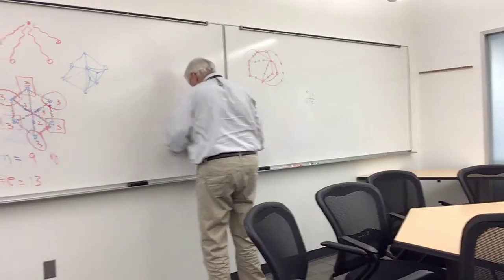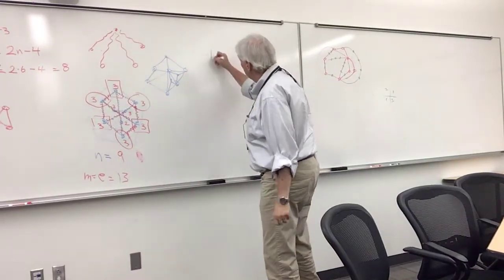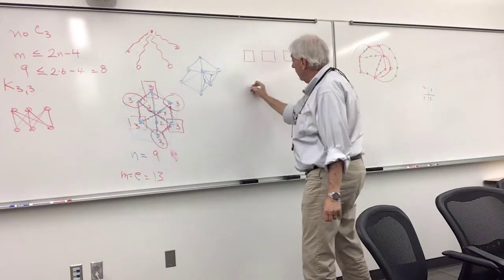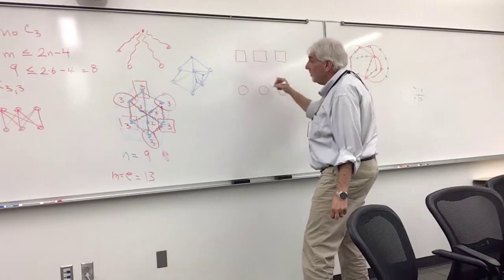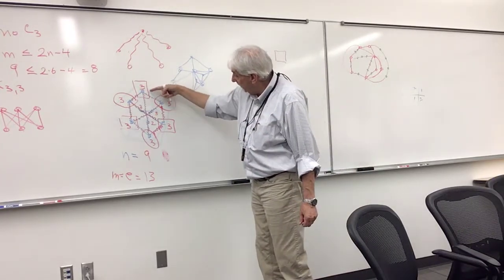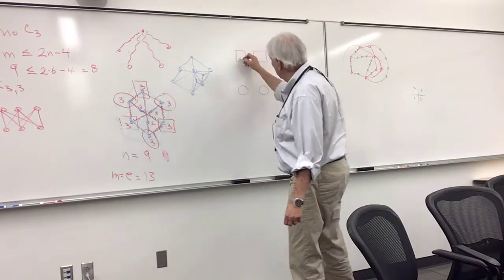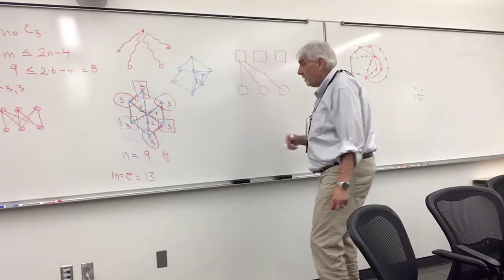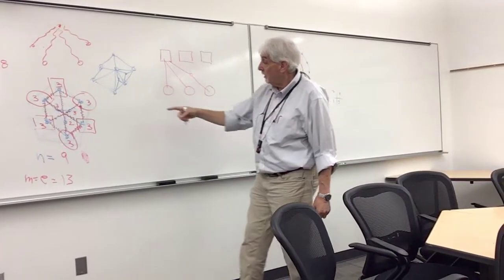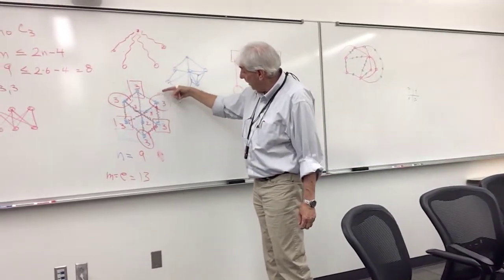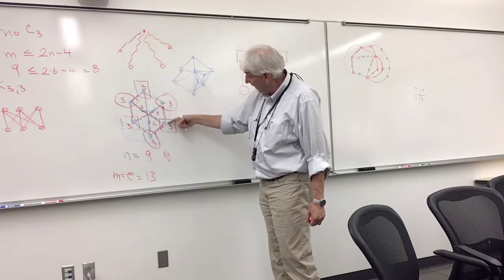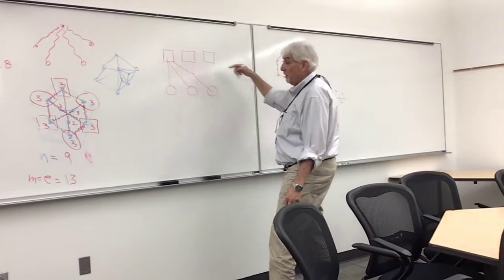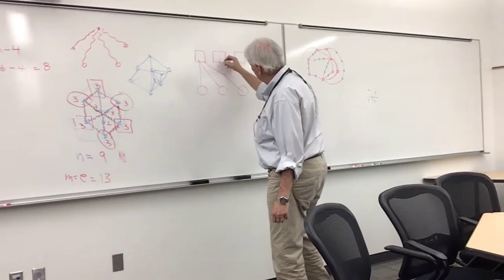Let's just make sure you see that. Here are my 3 square points, and here are the 3 circle points. This square point has edges to 2 of the circles, and then a path over here. This square has an edge to here and here, and a path over to here.